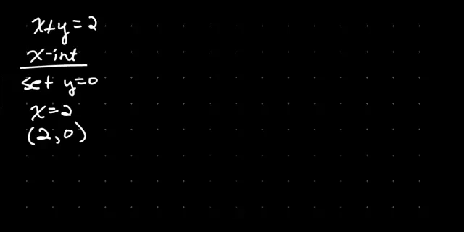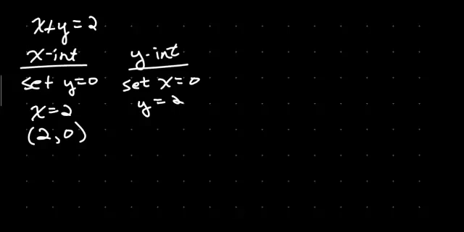To find the y-intercept, we set x equal to 0, and so I get y equals 2. So my y-intercept is over 0, up 2.